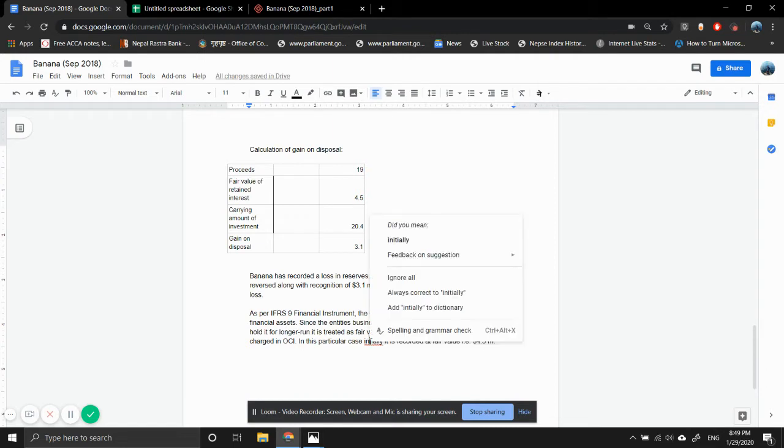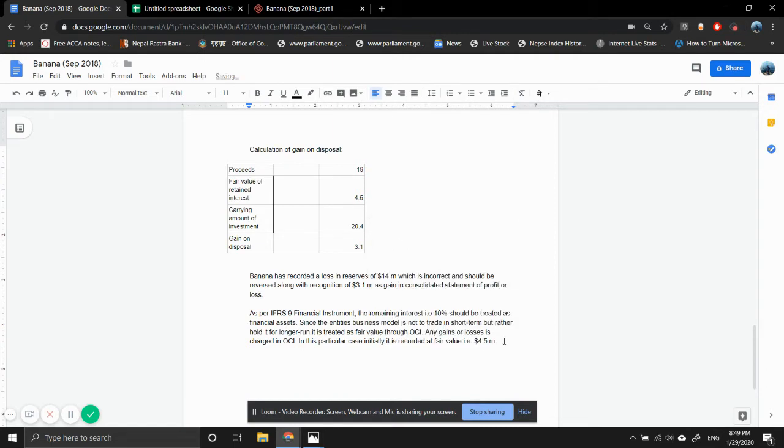Initially recorded at fair value, that is 4.5 million, and subsequently the value has dropped to 4 million.